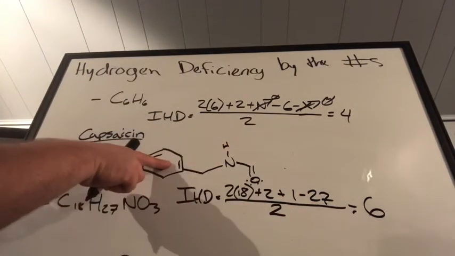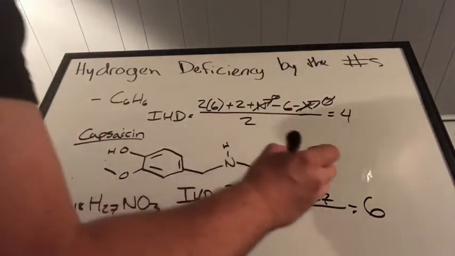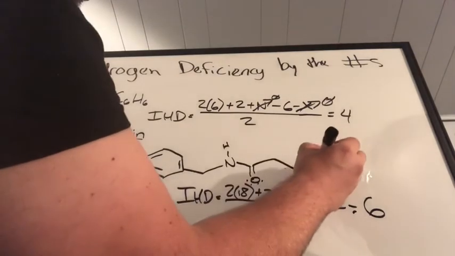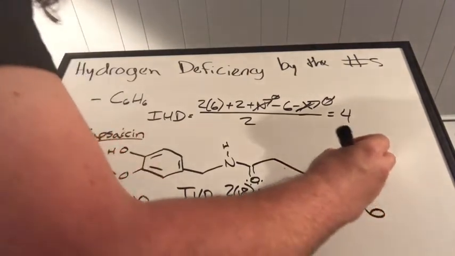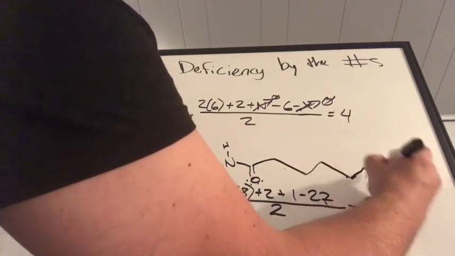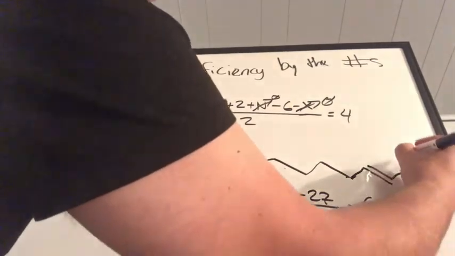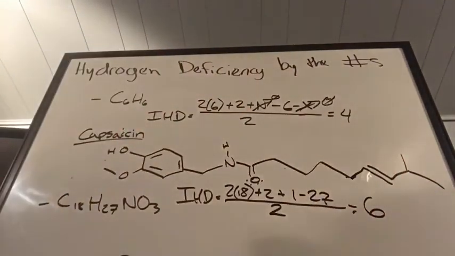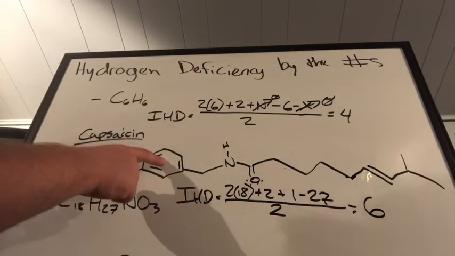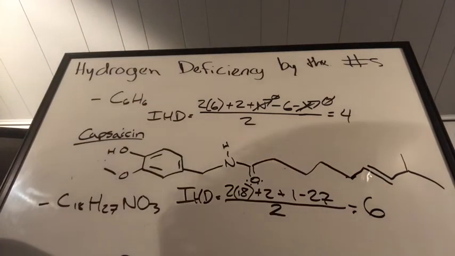So 4 IHD here, 1 from this double bond, that CO double bond. Okay, and then another double bond to round it out, and you have a trans alkene over there, the further to the right. So 4 here, 1 here, 1 here for a total of 6.